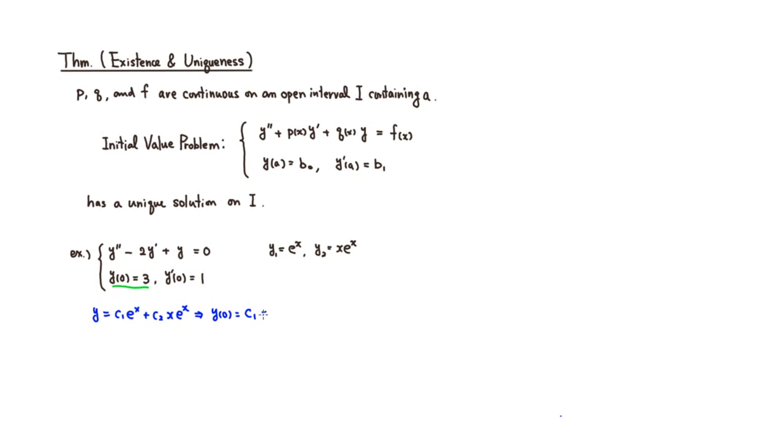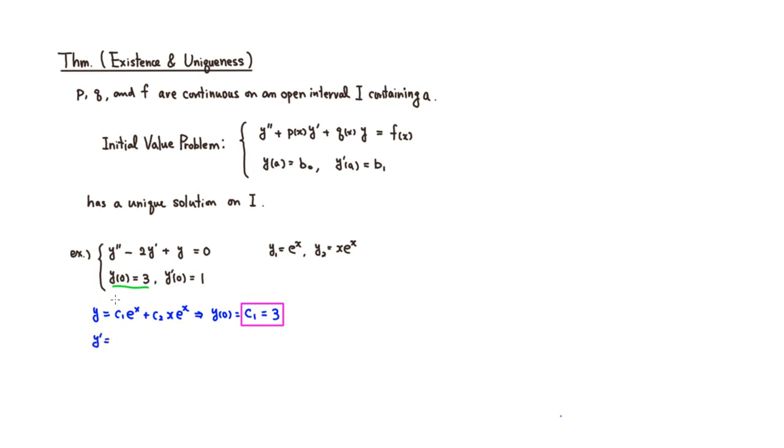We're supposed to get 3, so c1 is supposed to be 3. Now let's look at the derivative. We have to find the derivative first, so let's find y prime.